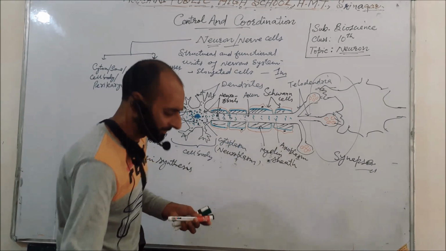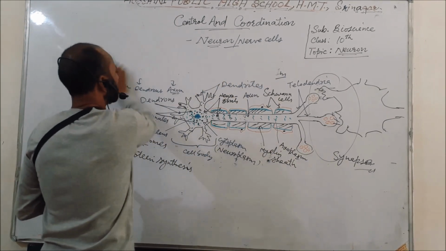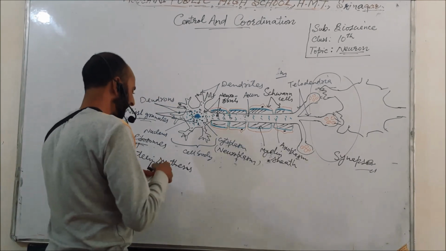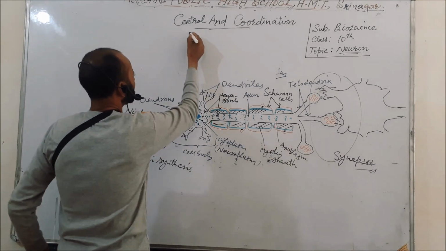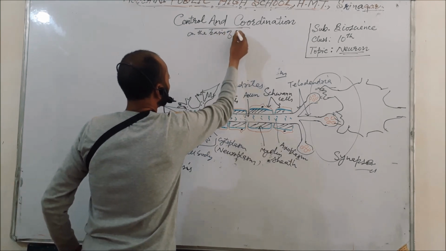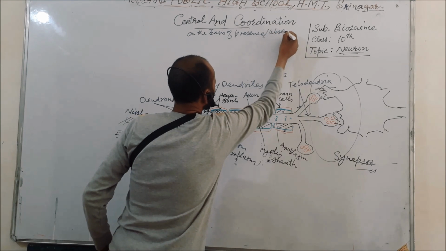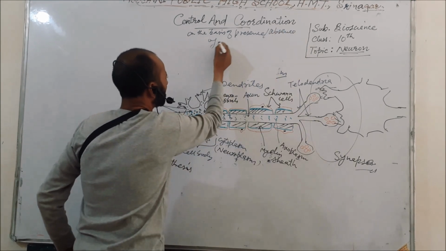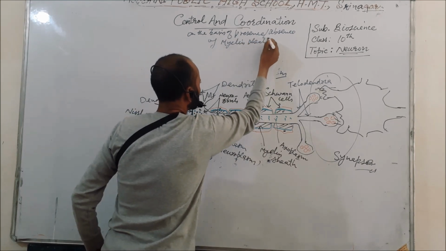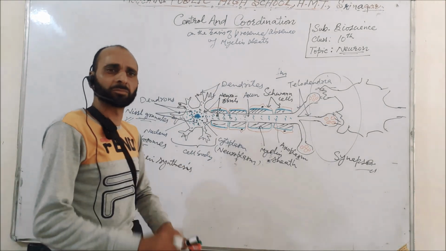So on this basis, on the basis of presence or absence of myelin sheath, there are two types of neurons or nerve cells.